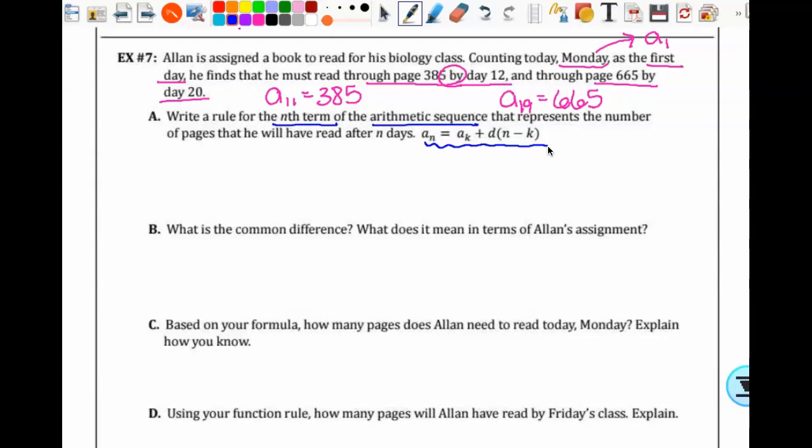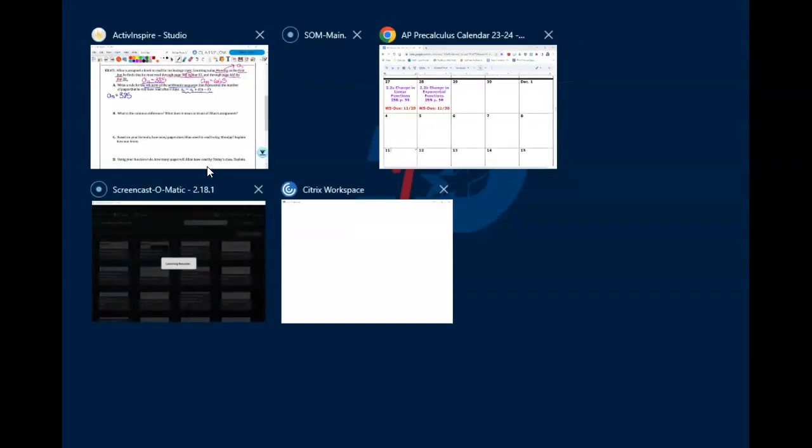All right, so that means we need to write a rule. I don't know what A sub 1 is. They basically gave me these two, so I think I'm going to use this one. They gave me that, so A sub n is equal to, what's A sub k? 385. And then, oops.